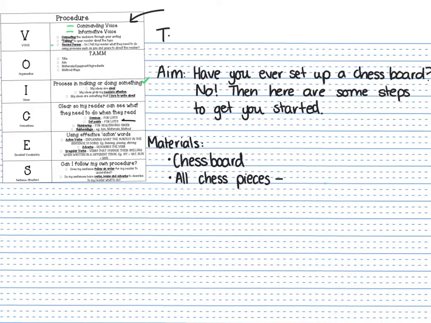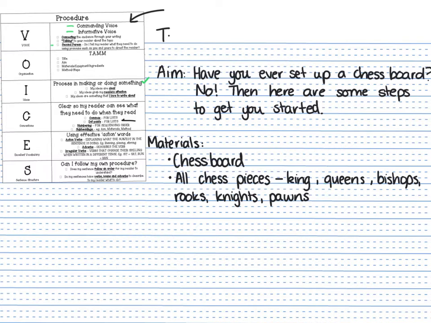And then what I might do is do this. I know I need a king. I need a queen. I need bishops, rooks, knights. I also need pawns to be able to set up my board.